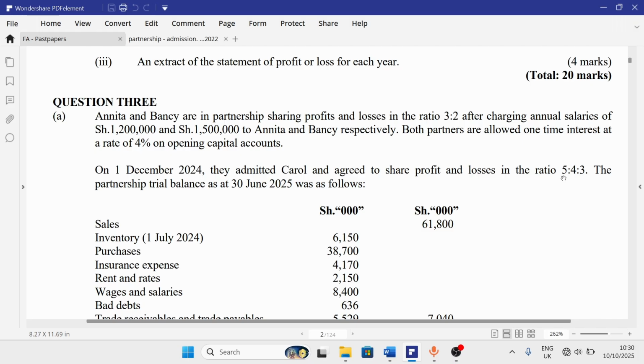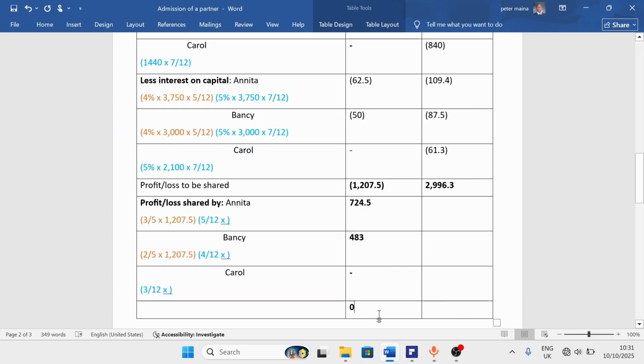So we assume 5 is for Anita, 4 is for Bansi, and 3 is for Carol. So that is the ratio we are going to use. 5 plus 4, that is 9. 9 plus 3, that is 12. So Anita is going to take 5/12.